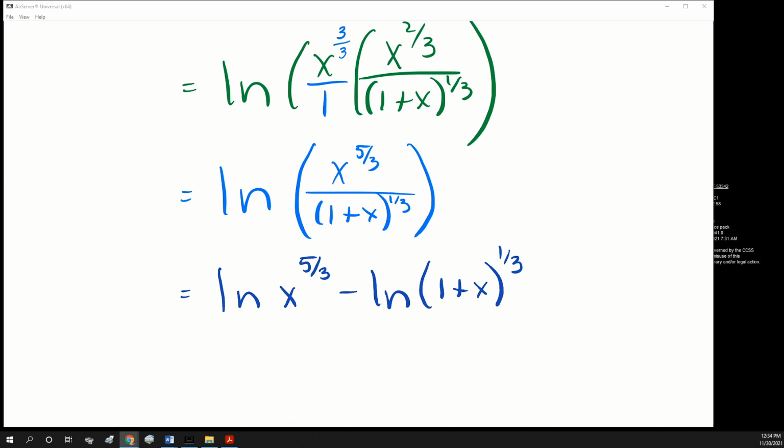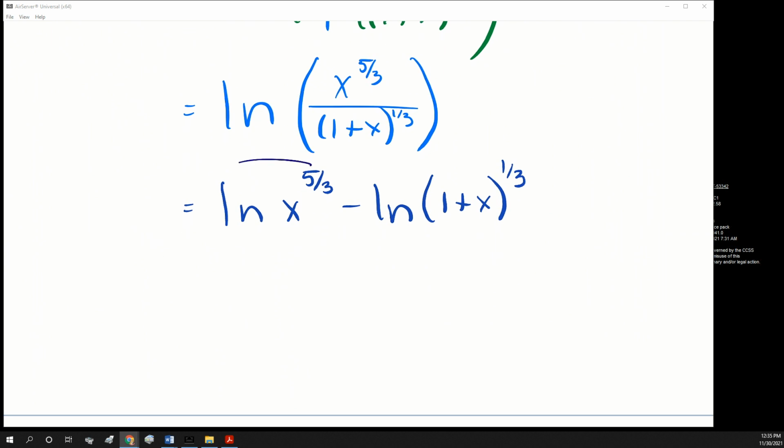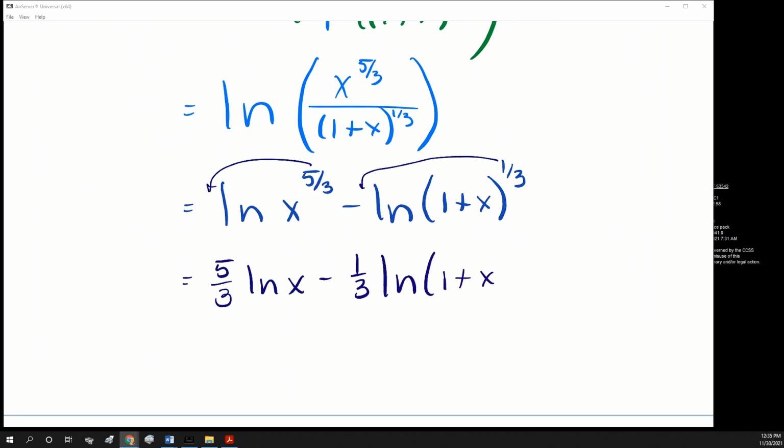You want to bring them down in the front. Right, and then that should be it. So sometimes it will get kind of tedious with doing addition and subtraction of fractions just in your head.